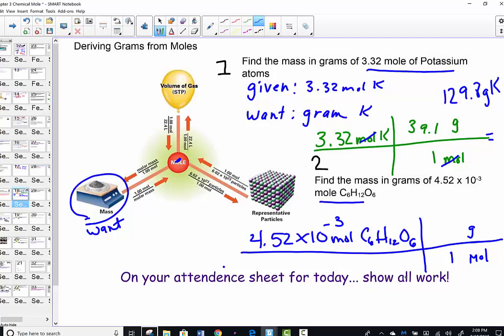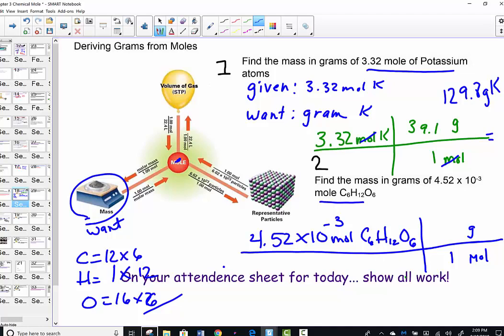If I take carbon, and there's 6 of them there, I'll add that to hydrogen, and there's 12 of them there, and on the oxygen, there's 6 of them there. Add together 6 carbons, 12 H's, and 6 O's. That sum of those atoms is what we refer to as molar mass.